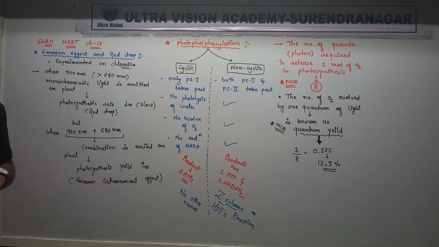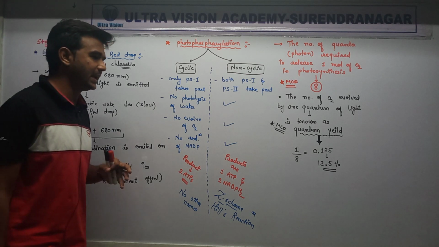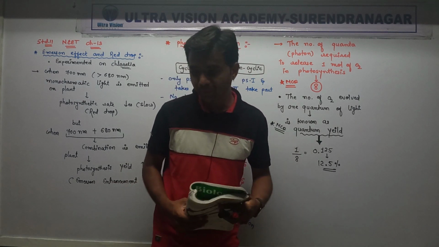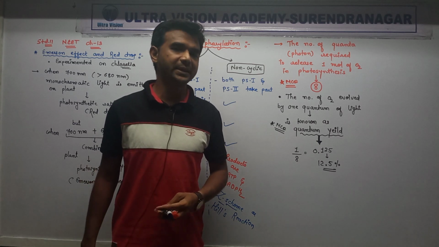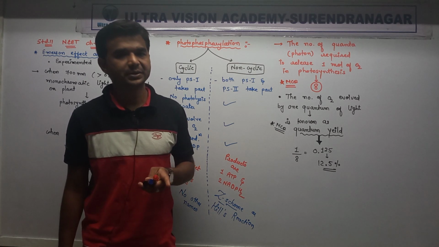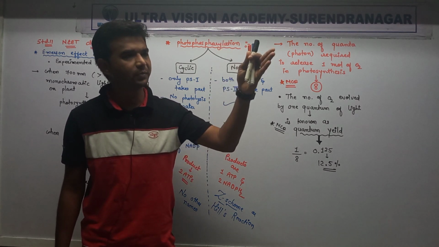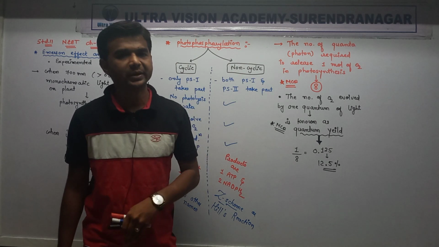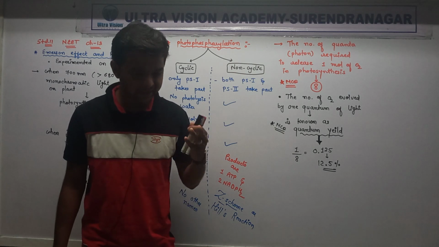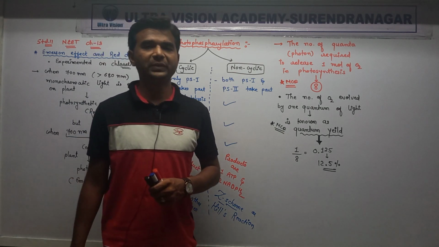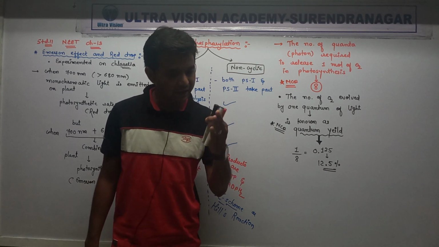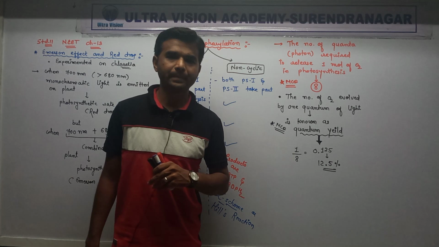So a proton gradient is created across the thylakoid membrane. Some proton carrier channels are also present in the thylakoid membrane, and with their help a few protons move from the stroma to the thylakoid to create a larger proton gradient. On the thylakoid membrane the F0 particle is there, and outside of it the F1 particle.